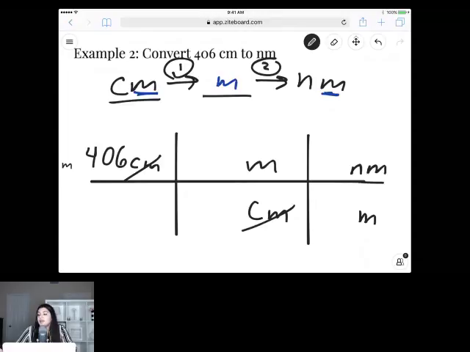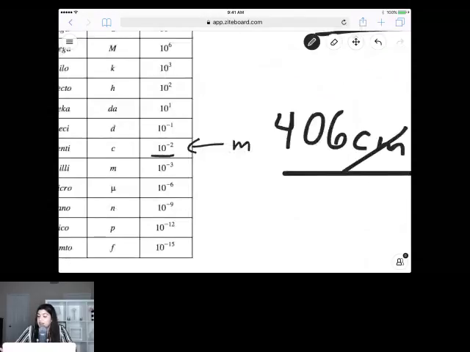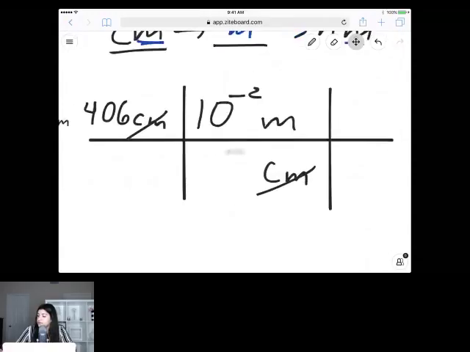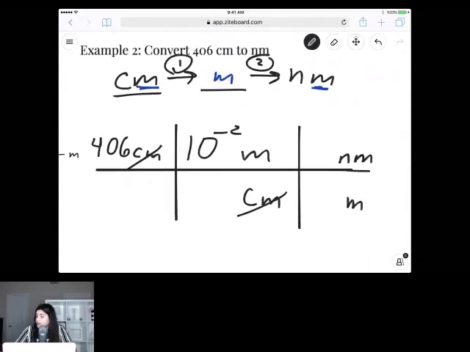Going back to our trick, meters is our base unit. That's where I take that 10 to the negative second, because it's still centi, right? So 10 to the negative second goes with our base unit, which was meters. Our different unit is then the centimeter, which is 1.